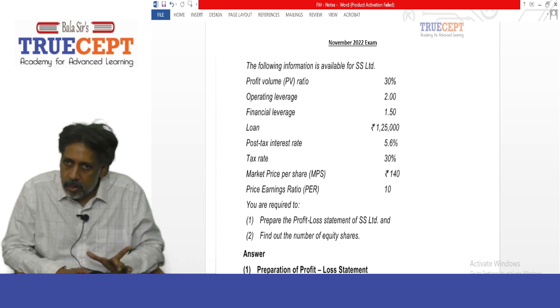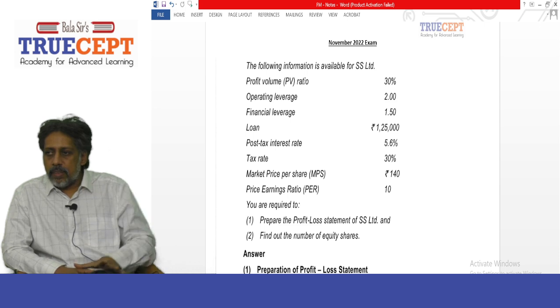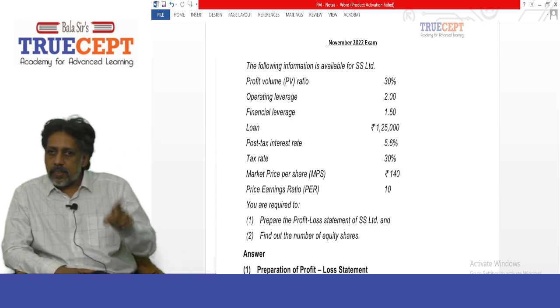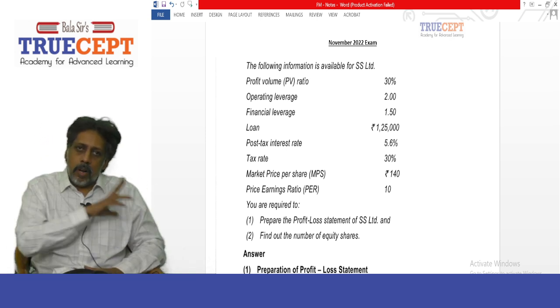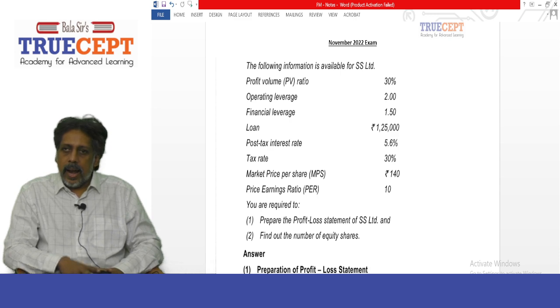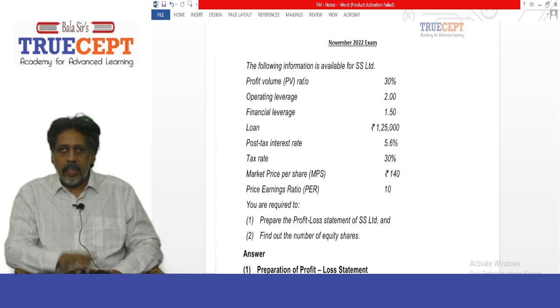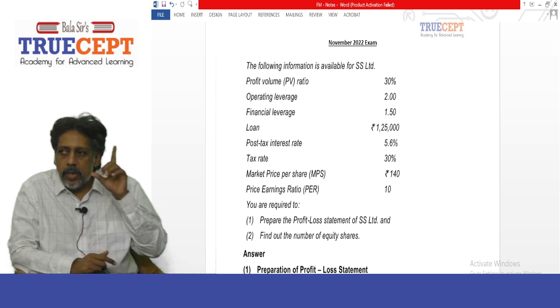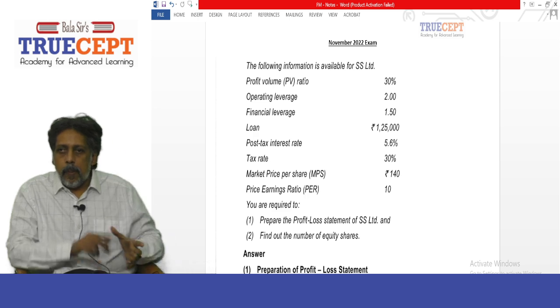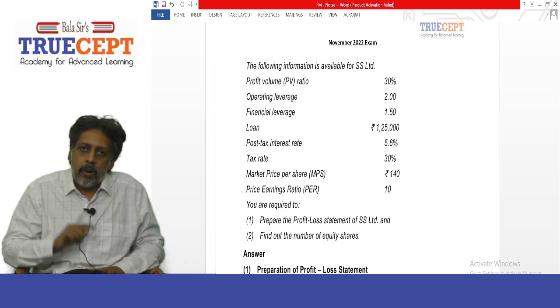PGBP, right? Income tax. Therefore, what is given is a post-tax interest rate, means the interest rate you actually pay on the loan, that into 1 minus T is equal to 5.6%. Point to note. That is the only crux in this sum, okay? They have given post-tax interest rate 5.6%.